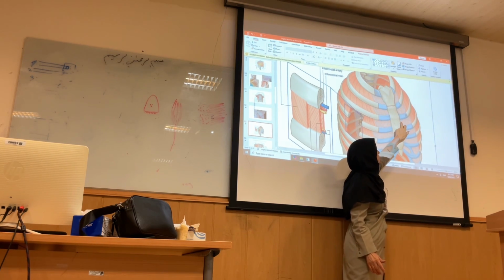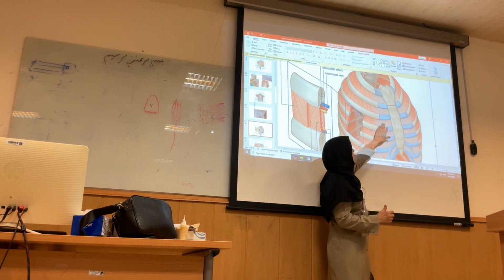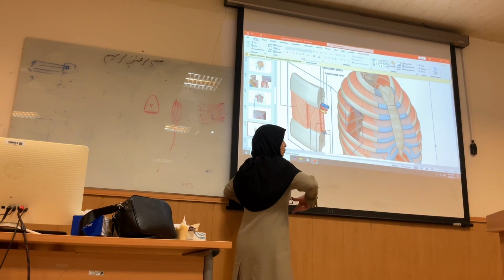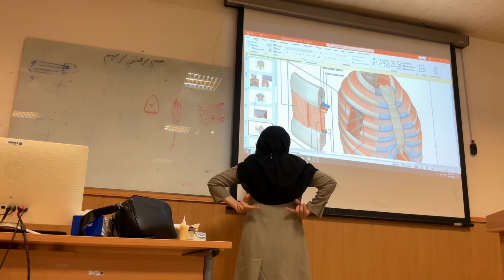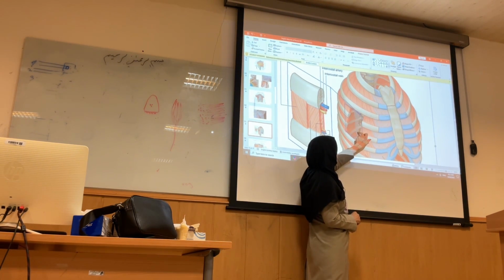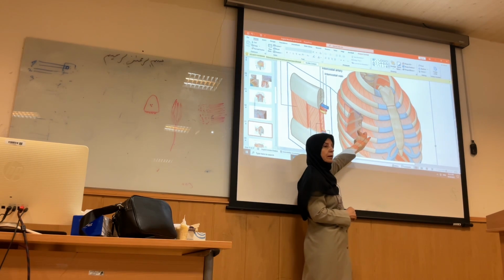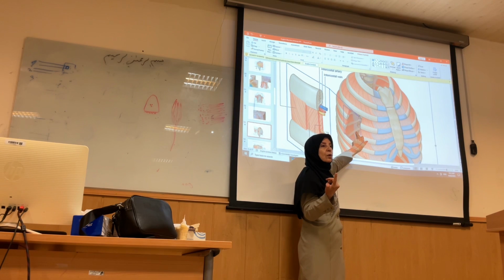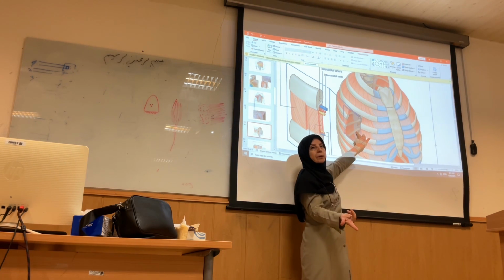Near the sternum, on each side, the muscle fibers start and go downward, backward, posteriorly, near the vertebral column, and change to a membrane. What do you think? What's the name of this membrane? Posterior intercostal membrane or internal intercostal membrane.